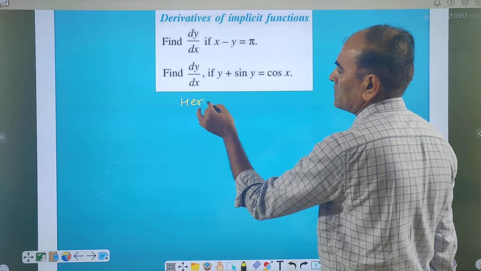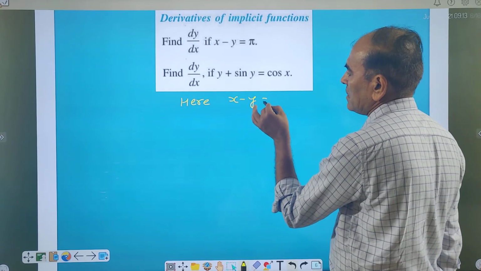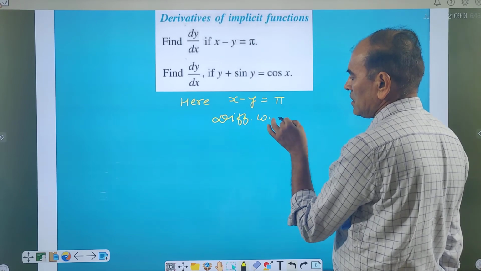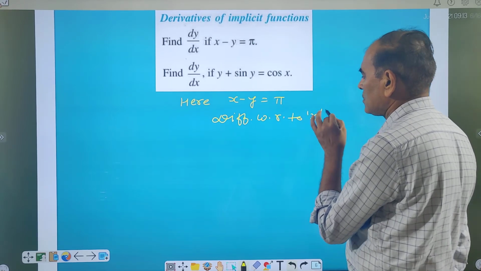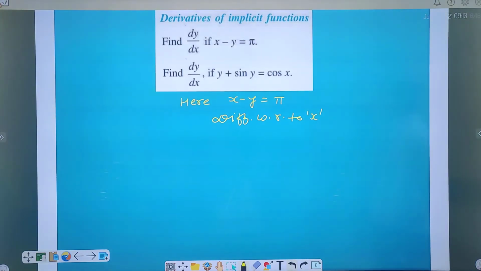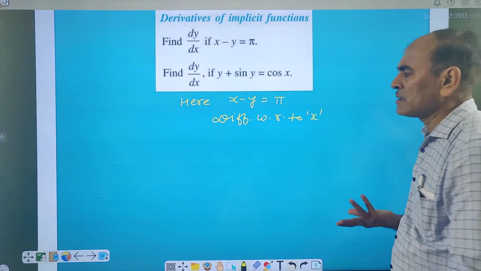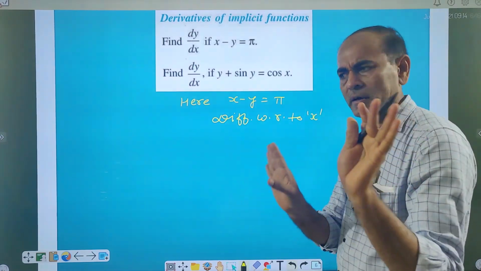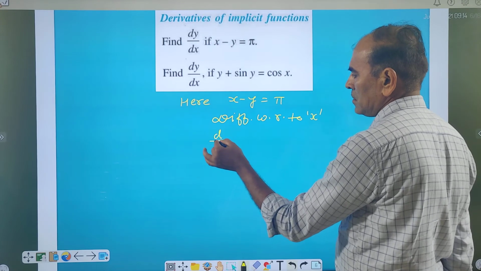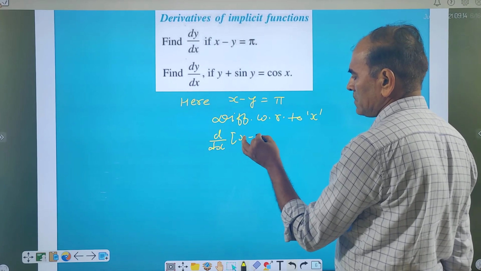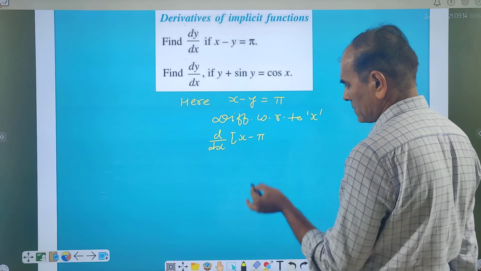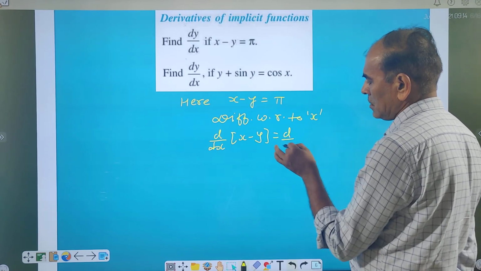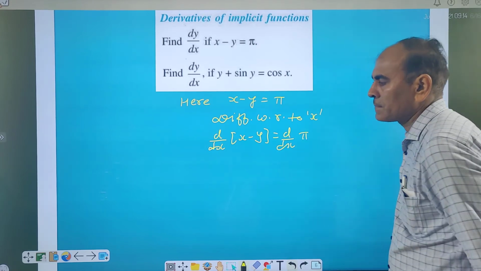See how. Here x minus y is equal to y. Differentiate with respect to x. There is no need to take y as the subject or any other variable as the subject. Whatever relation is given to us, differentiate directly. So d by dx of x minus y is equal to d by dx of y.